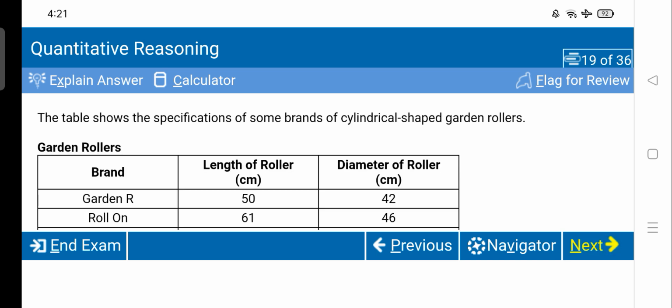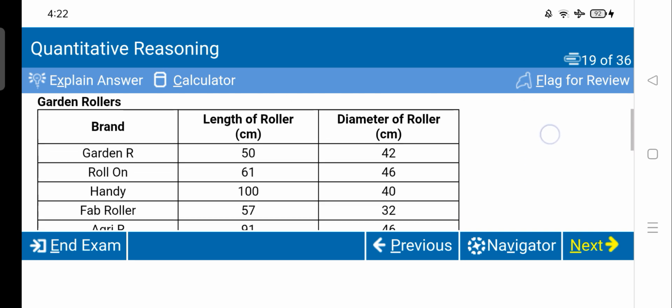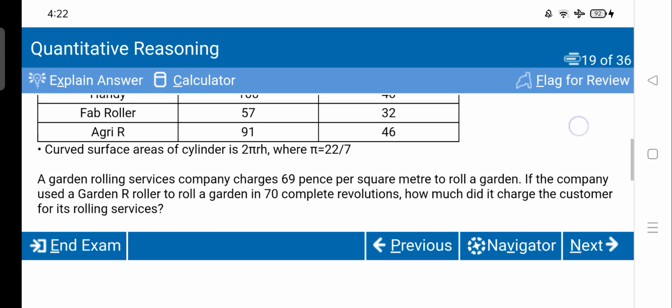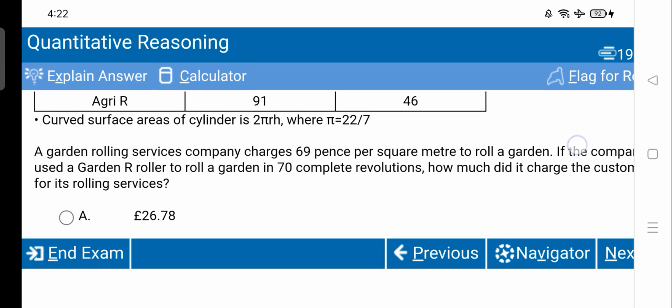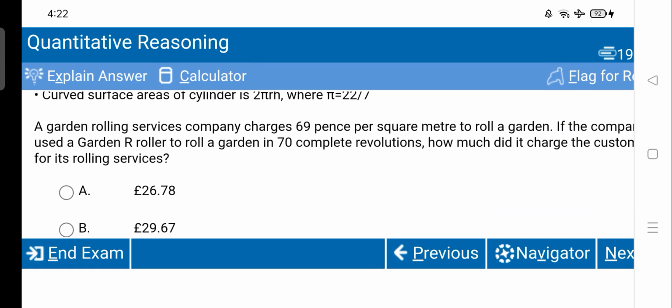Next question we have is question number 19. We have the same statement with the same table, and then we have a different question. A garden rolling services company charges 69 pence per square meter to roll a garden.